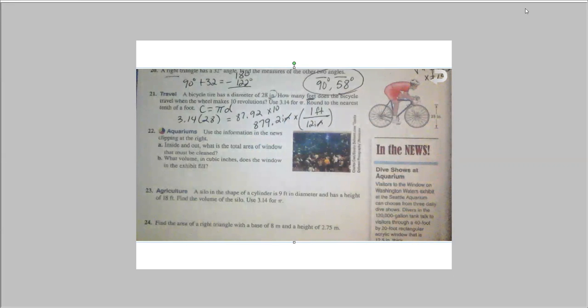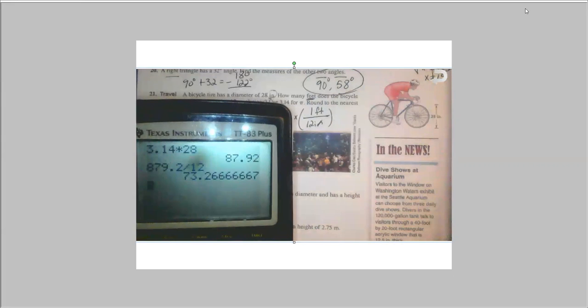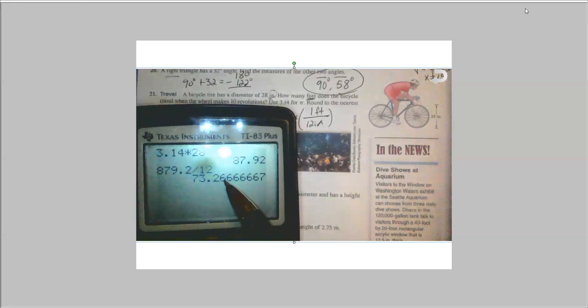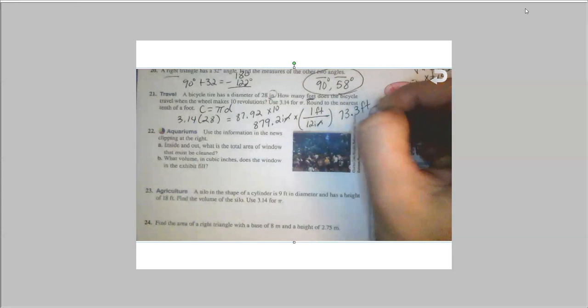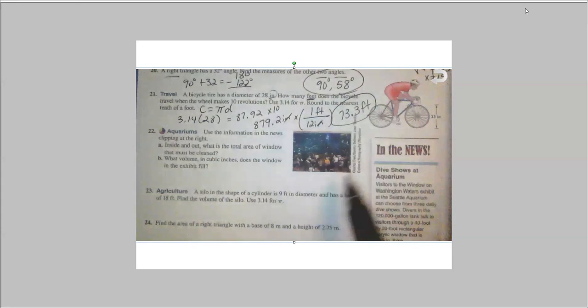Just flash that decimal here. We're rounding to the nearest tenth, so that 6 will bump up the score. That's going to be 73.3 feet. And it's just circumference, so a single unit of measure there.